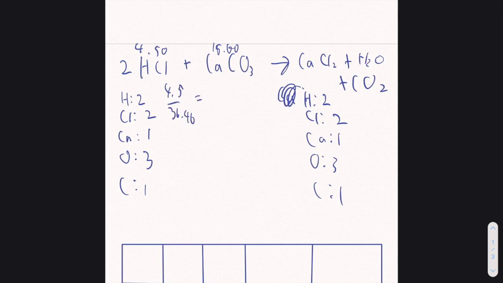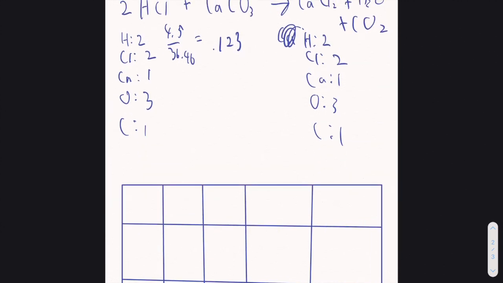That equals, calculator right here, 4.5 divided by 36.46. That equals about 0.123 moles. So we can go ahead and write that right here for the I section. 0.123. This is for the HCl.